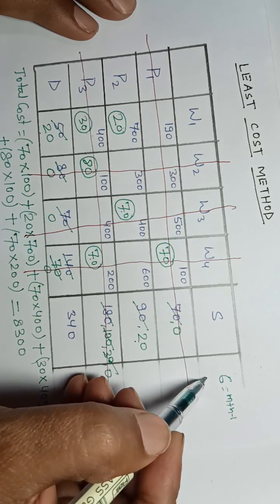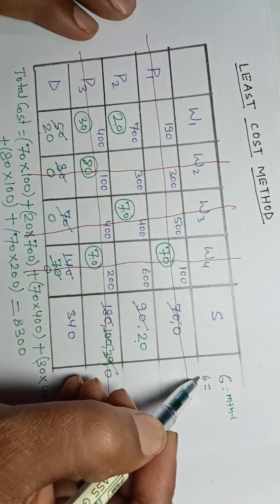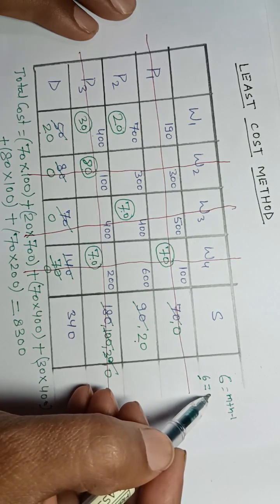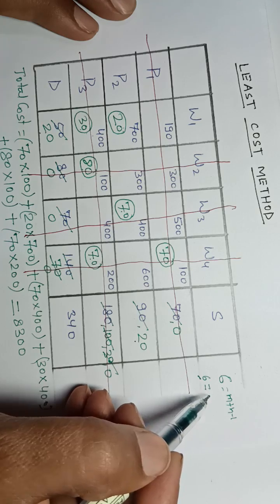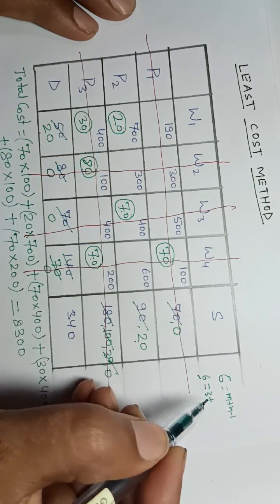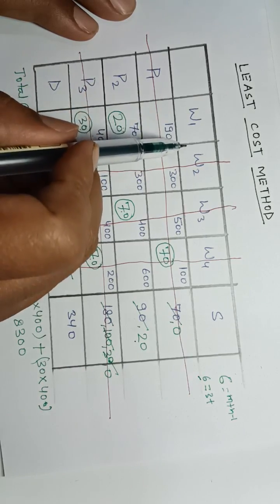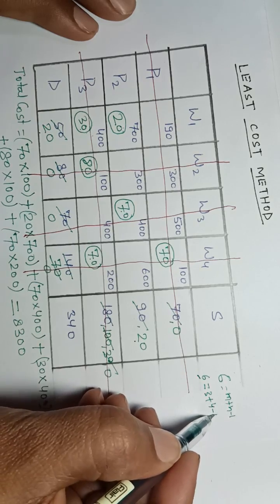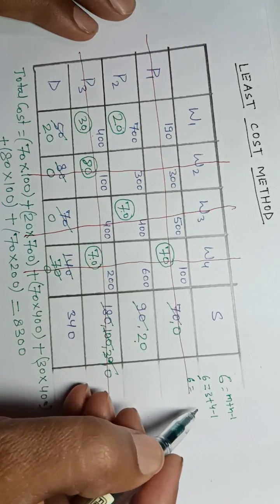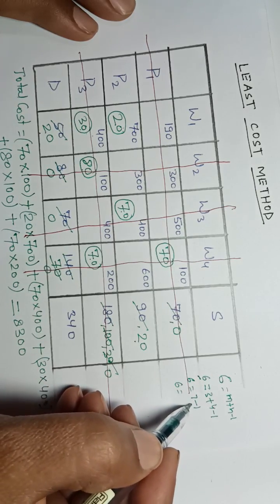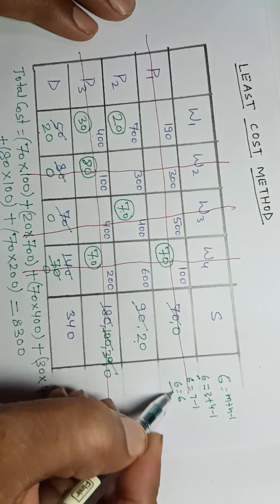Here 6 is the number of allocated cells, m is the number of rows, 1, 2, 3, plus n, the number of columns, 1, 2, 3, 4, minus 1. So 6 equals 3 plus 4, 7 minus 1, which is 6.